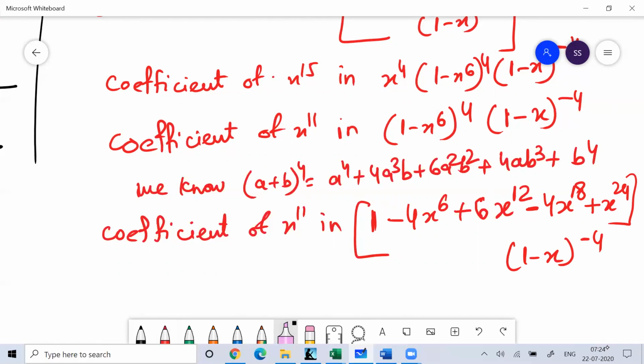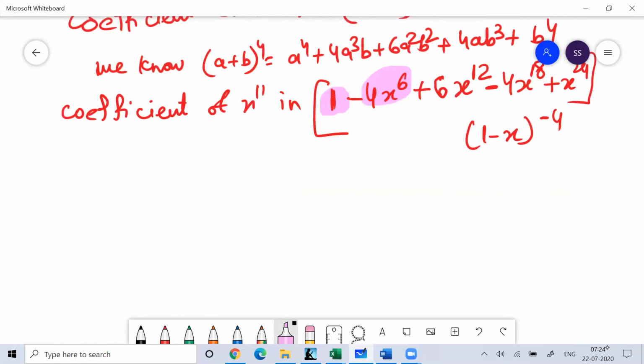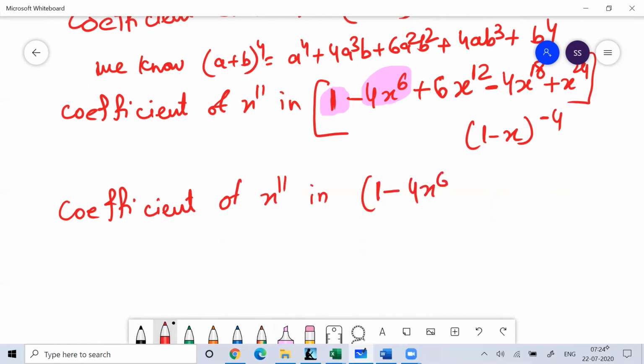So which terms are significant for me? This is significant, this is significant. The remaining ones are all greater than 11, so they are not at all significant to me. Why should I waste my time writing all the possible coefficients of x?